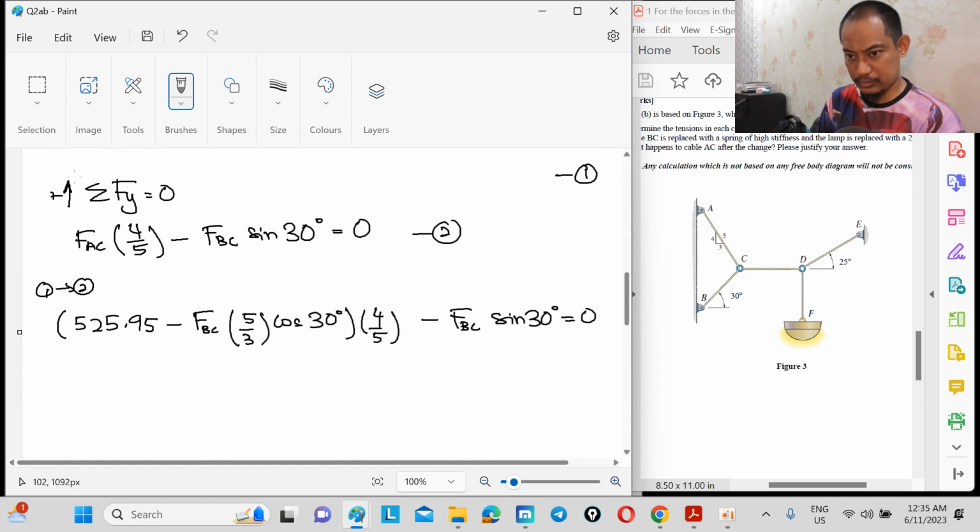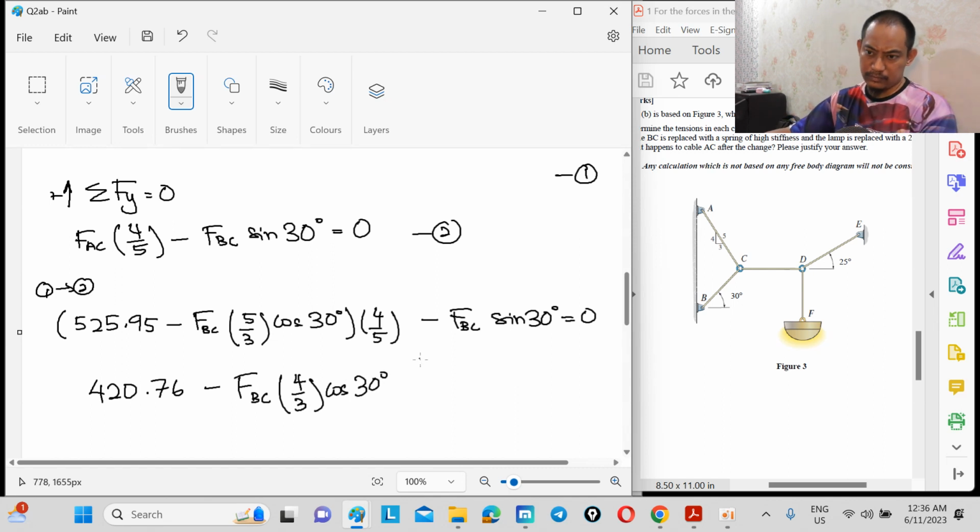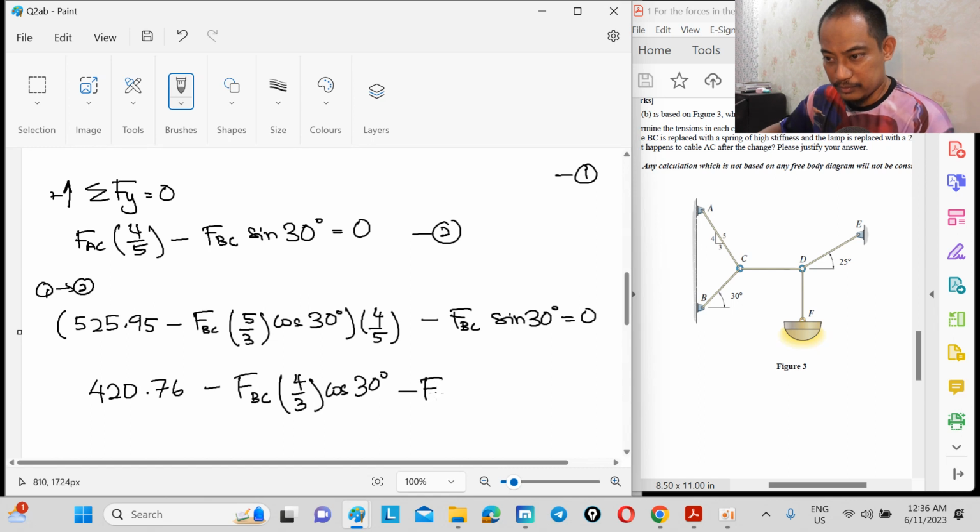All right, so if you just multiply 525.95 times 4/5, you get 420.76, and then minus, so we will have basically FBC 4/3 cos 30, right? And then minus FBC sine 30 degrees.